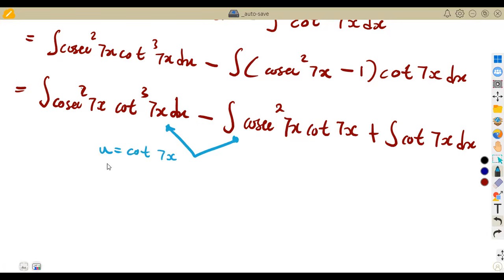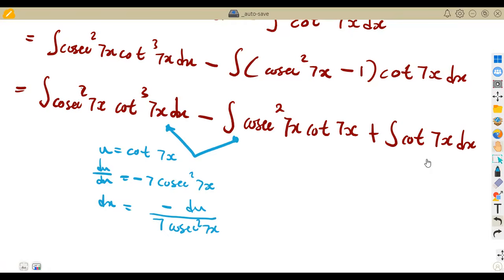So if our u is cot 7x, the derivative of u with respect to x for cot is going to be -7. Remember, cot changes to cosec squared, so it will be cosec squared 7x. The number here multiplies, it's a negative. Then we make dx the subject by the substitution method, guys. So it's going to be minus du over 7 cosec squared 7x.